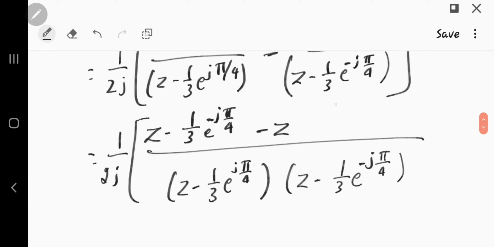Minus z plus 1 by 3 e to the power of j pi by 4 here. So you might be wondering what happened to this z here.